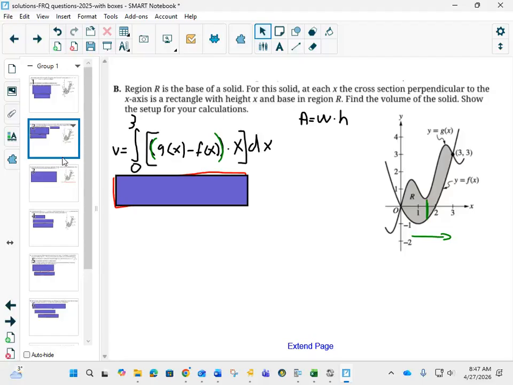Base times height, or whatever you want to call width times height. And again, I can type this into my calculator. Do you see that this is very similar? I'll put the answer up, you can write it down. This is very similar to what we just typed in. We just typed in y1 minus y2 dx, and now we just have this extra x.